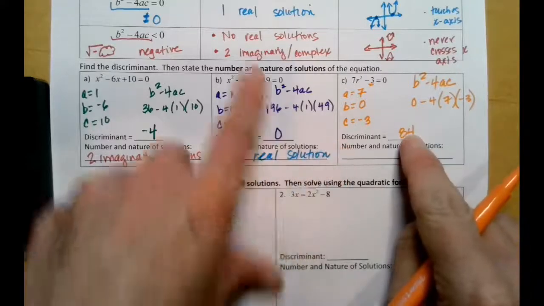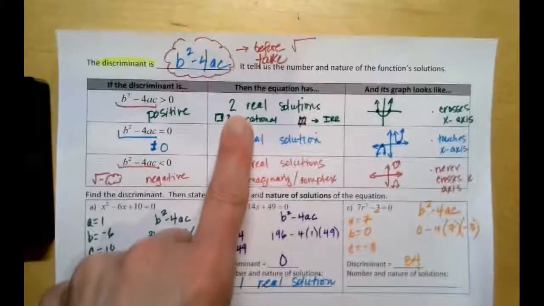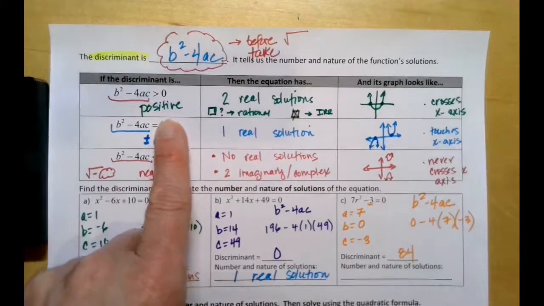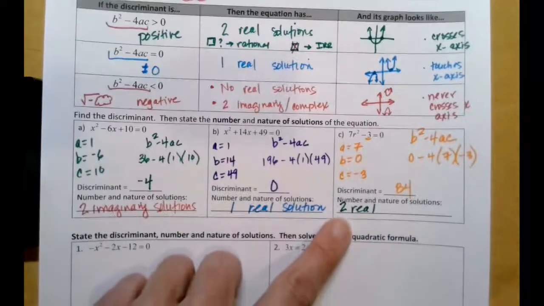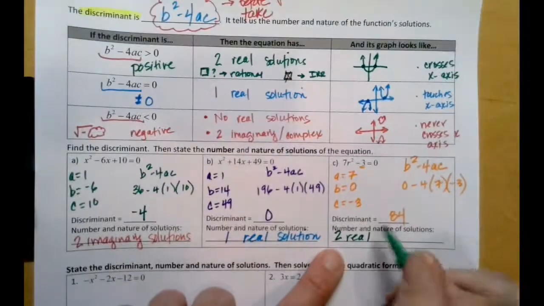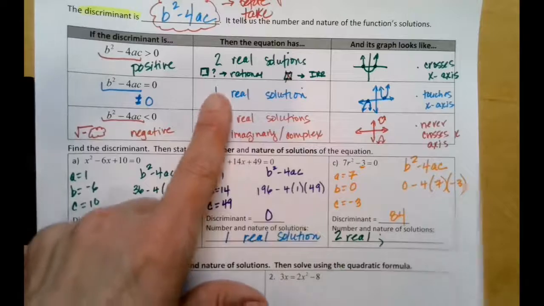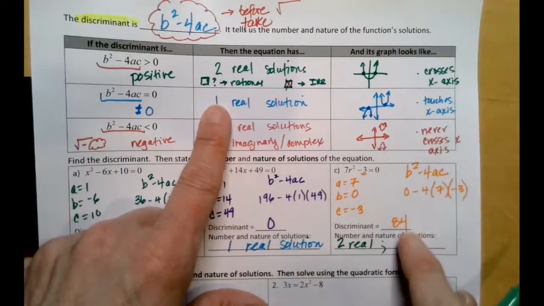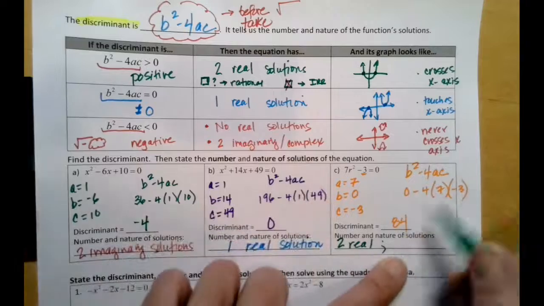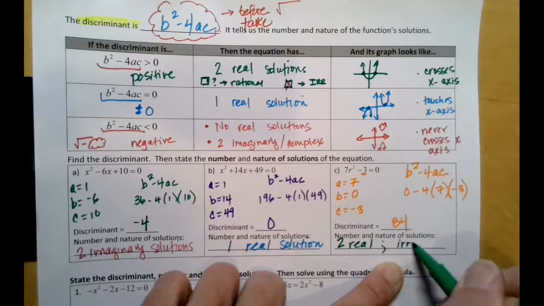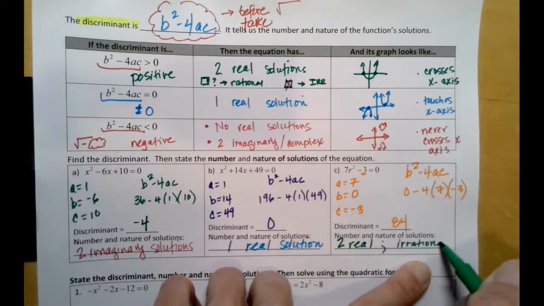Now we'll go up and see it's a positive number, which means I'm going to have two real solutions. But let's take it one level deeper. Is 84 a perfect square? Guess what? It is not a perfect square, so I know that they are going to be irrational.